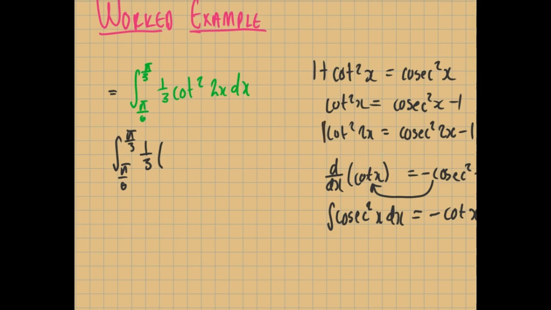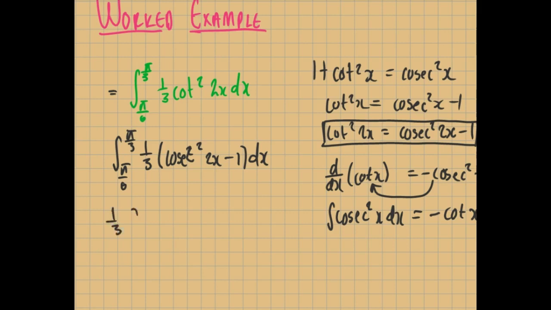We said it's equal to cosec squared 2x minus 1, and this is still with respect to x. I pull the 1/3 out: 1/3 times the integral from pi over 6 to pi over 3 of cosec squared 2x minus 1, all with respect to x.